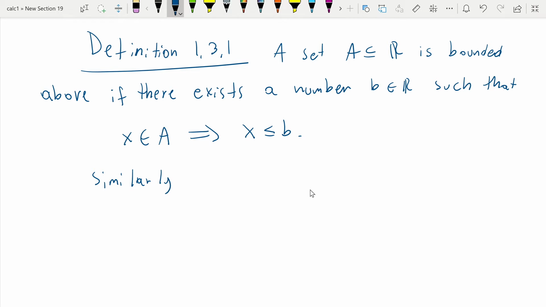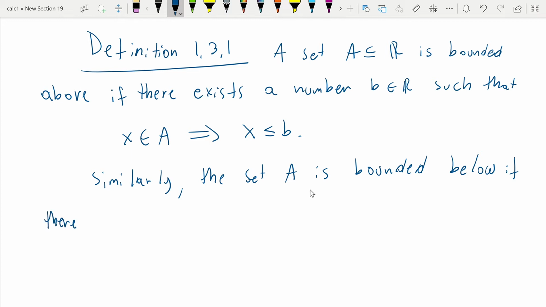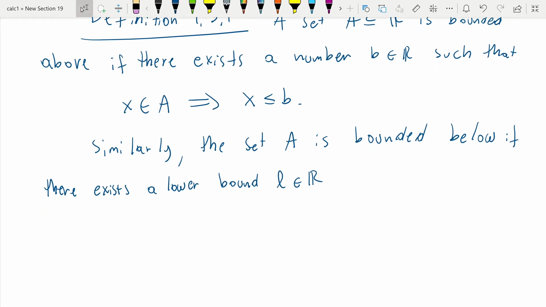Similarly, the set A is said to be bounded from below if there exists a lower bound L in R, that is, the following proposition is true.